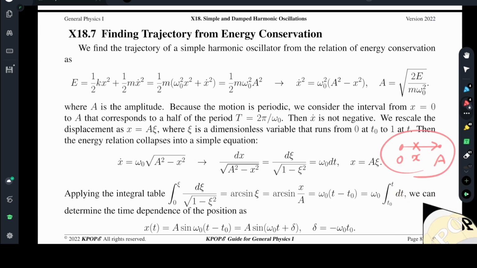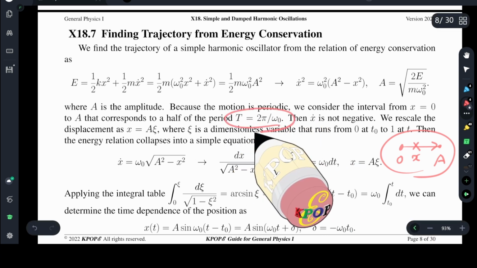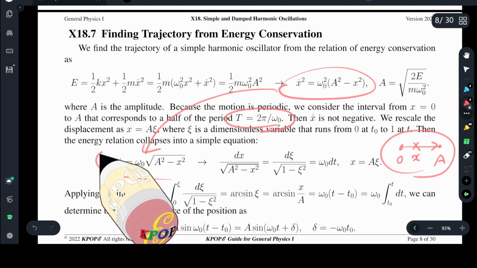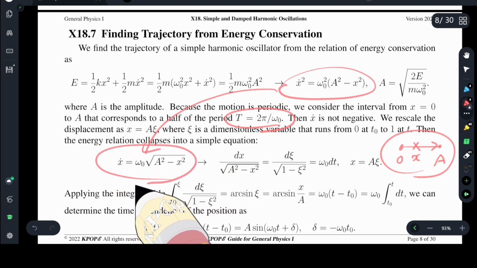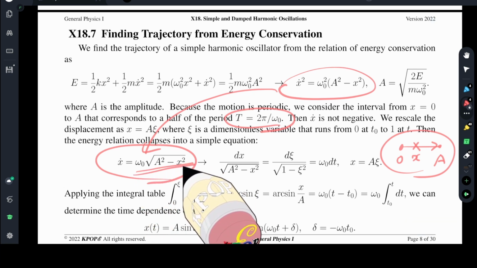First, we recall the period is 2 pi over omega 0. And from this expression, we take the positive value for the velocity only. This is completely determined by x only.